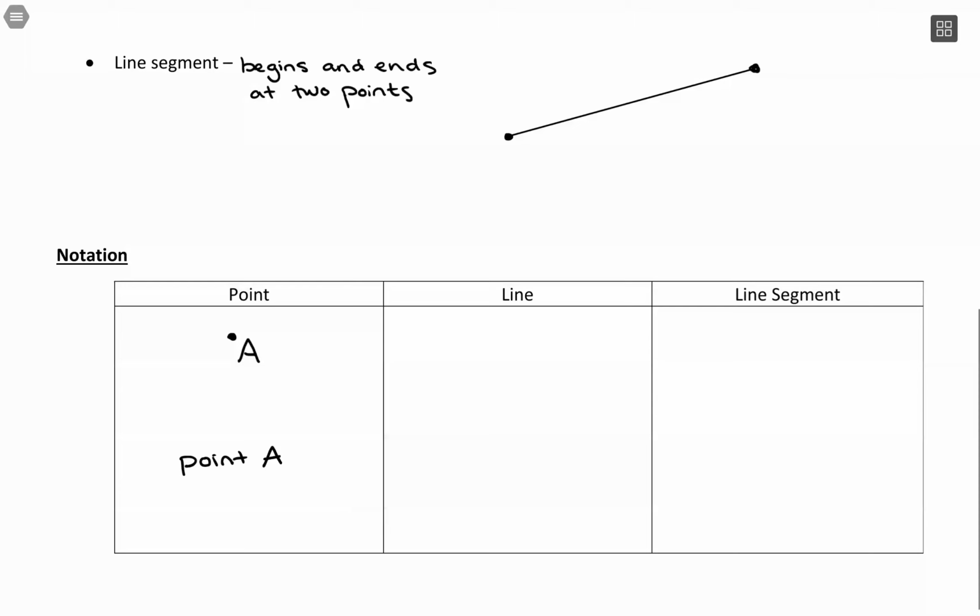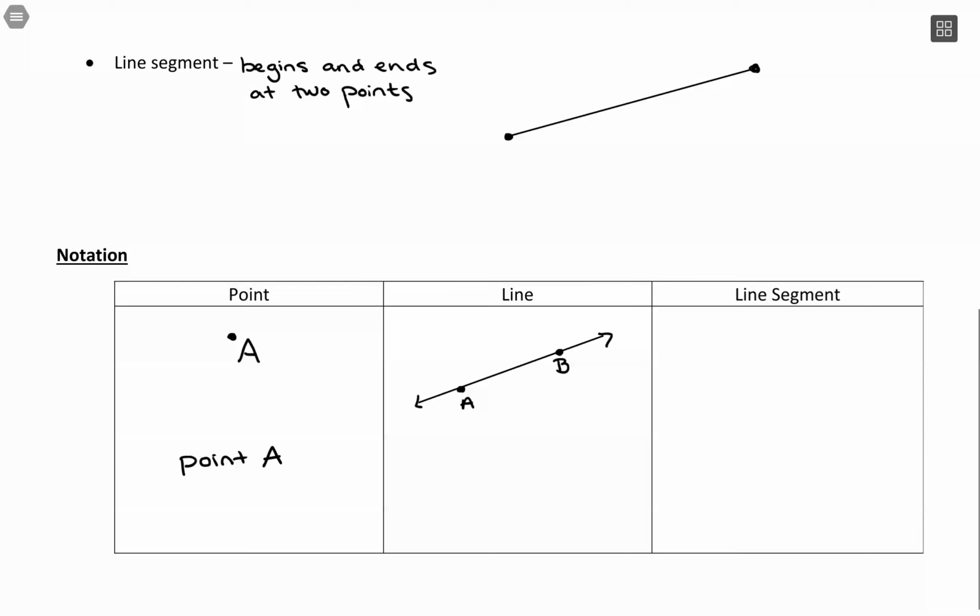Now with a line, if we have something like this that's continuing forever in both directions, they might describe 2 points that the line goes through. Let's say they just describe A and B there. And again, there are infinite points there, but typically they refer to a line by 2 points. What you need to draw a line is to start with 2 points, and then you can connect them to understand the pattern of that line.